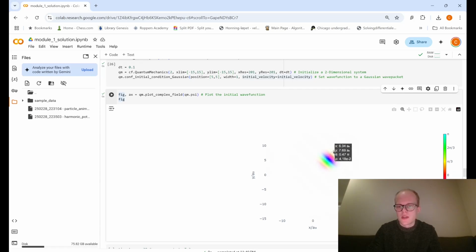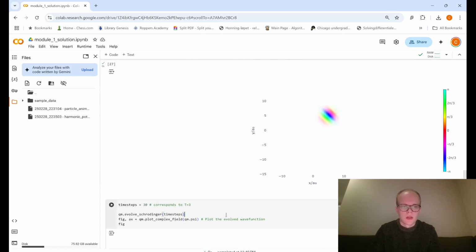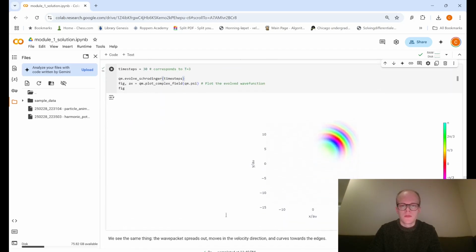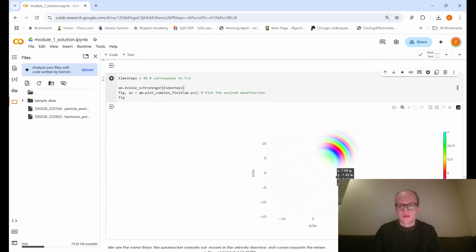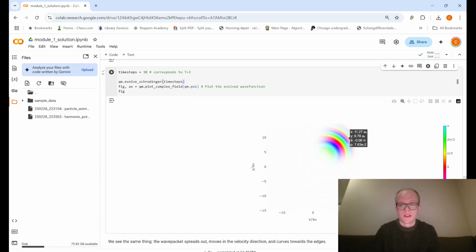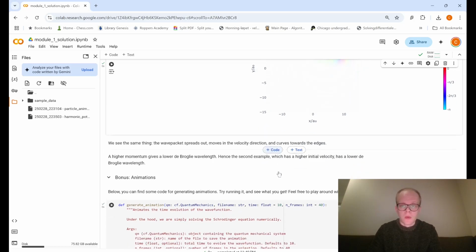So the phase changes in this direction right here, and we run a time evolution, and we see that it bends off. And if you plot the probability density, you'll see that it moves in the direction of velocity. All right, cool.